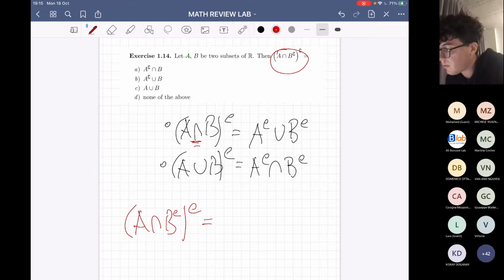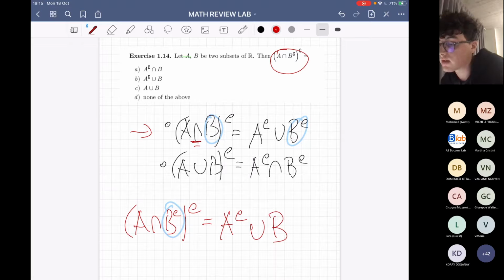The point we have to consider is that there is a B complement instead of B, so instead of having a B complement, we will have simply a B. And so it is exactly equal to A complement union B, according to this law. So the correct answer for this exercise is B, because it's nothing more than De Morgan's law.